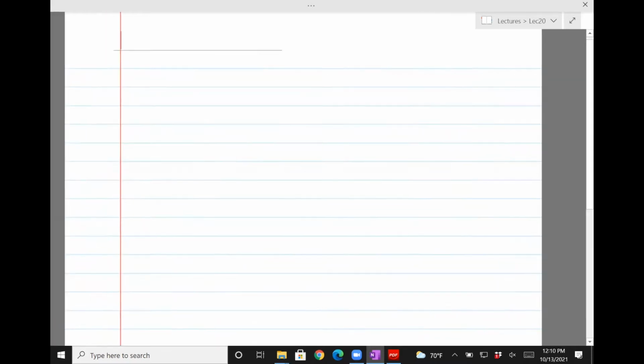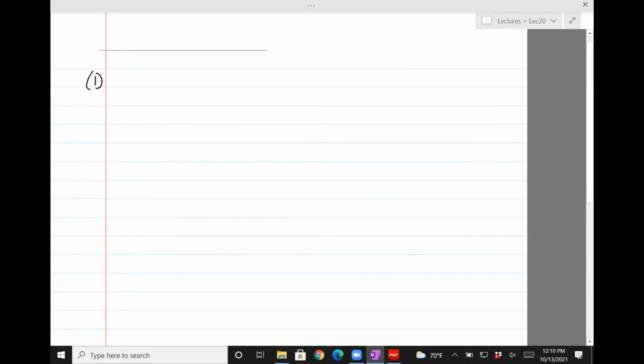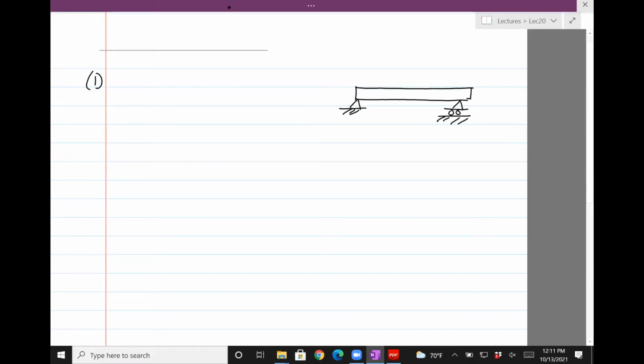Okay, so here's problem 1. So this beam is subjected to a distributed load first.